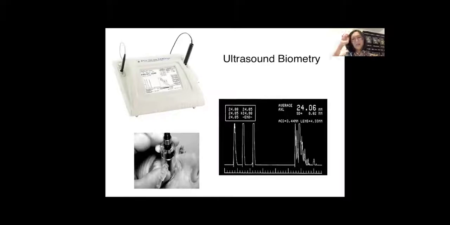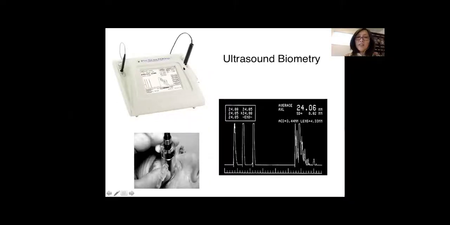Great. So obviously, the two main measurements that we want are the axial length and the corneal curvature. Ultrasound biometry is critical, taking good measurements, looking for the appropriate spikes. This is immersion biometry, which is considered to be a little bit more accurate simply because it eliminates observer error.